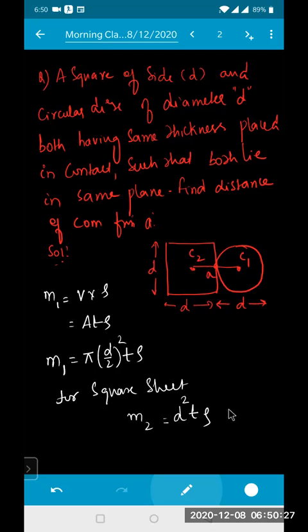So from A, if I talk about the center of mass, taking this as origin, the circle is in the positive x-axis and the square is in the negative x-axis.